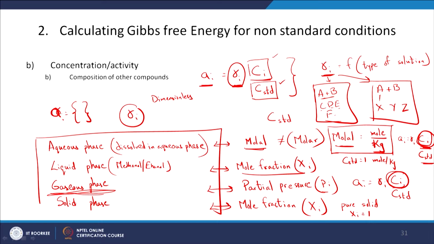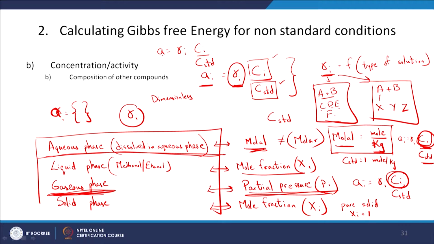These are aspects you need to keep in mind, but in most engineering systems, we usually come across the aqueous phase. So keep in mind that you need to look at the molal concentration when you write that, and in the gaseous phase, which we also usually come across, you will need to define your concentration in terms of partial pressure. So this is the take home message here. Now we are going to move back to how to calculate the activity coefficient.